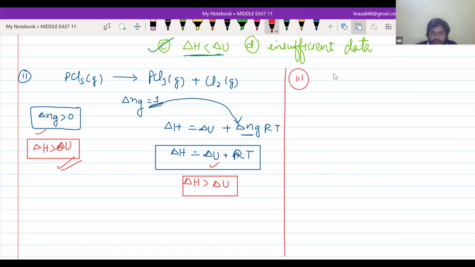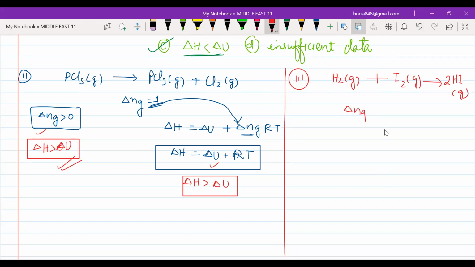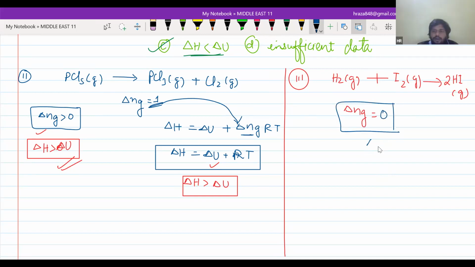Case third: H2 in gaseous state plus I2 in gaseous state will give 2HI in gaseous state. Krishna, what is the value of delta Ng? 0. That's good. Delta Ng is 0. Now delta H is equal to delta U plus delta Ng RT.